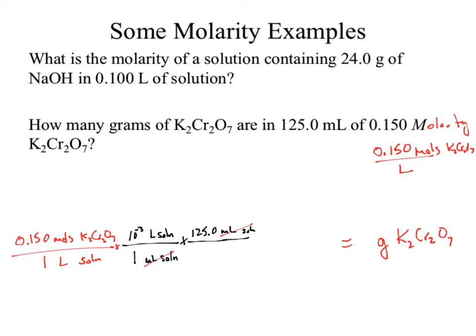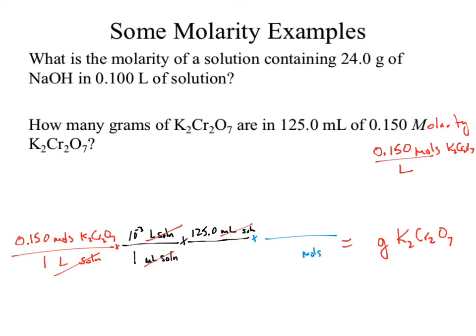The milliliters of solution cancel, the liters of solution cancel, and I would now have moles of potassium dichromate, and I would not be done because my answer is grams of potassium dichromate. So I have to initiate a new conversion factor. In that conversion factor, what do I want to have happen?